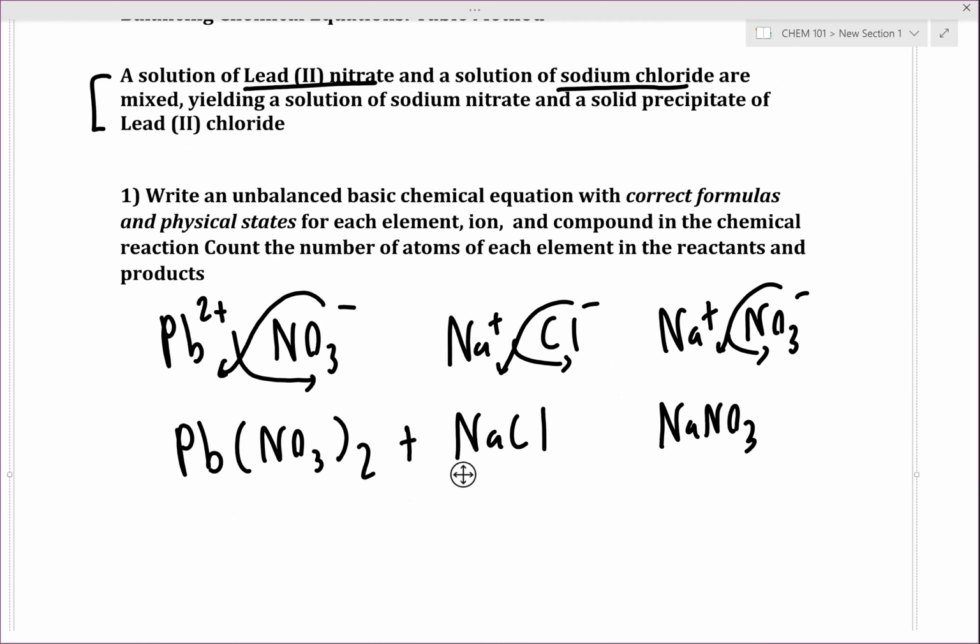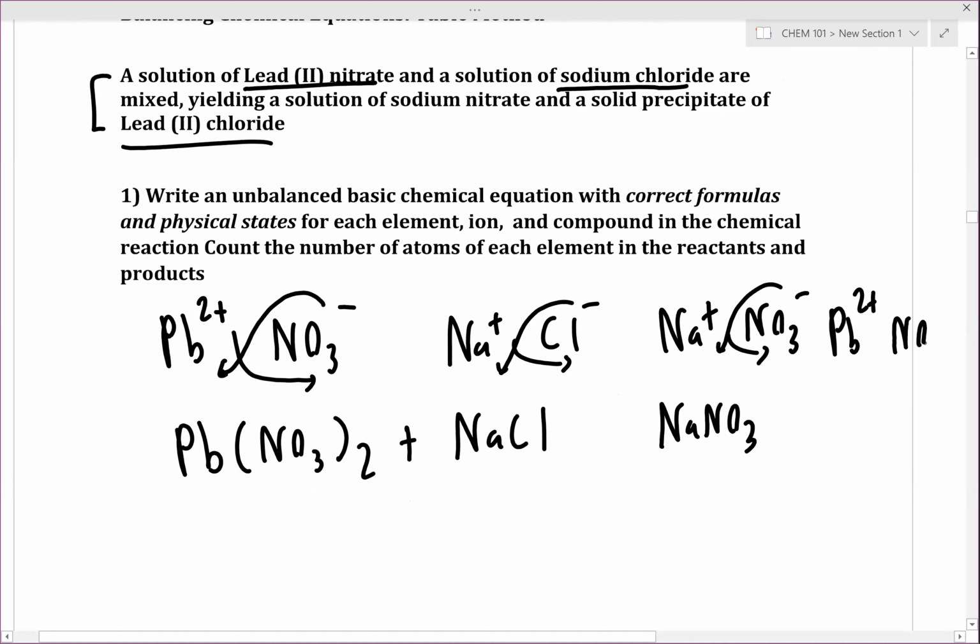Okay, let's now continue on. Lead 2 chloride. So we have Pb2+ and Cl-. We cross our charges, and that gives us PbCl2.